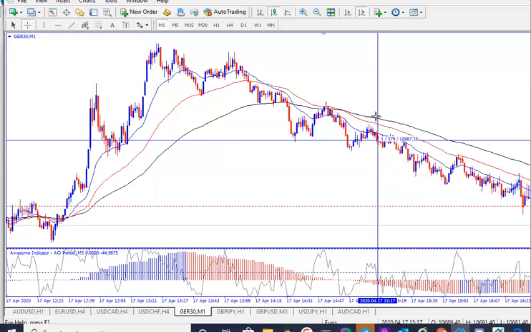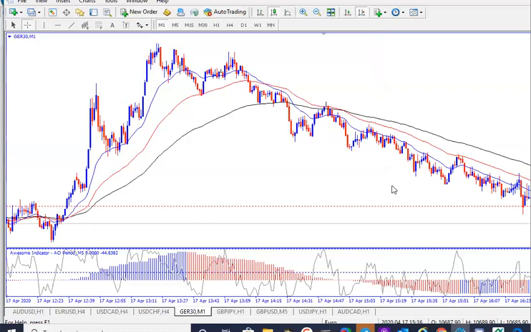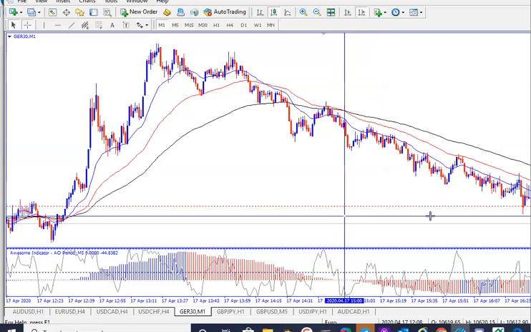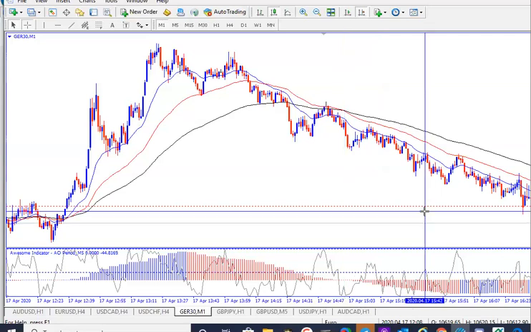You do a 20 pip or 20 point stop and 20 point take profit. Again, once that's been done, your next signal is here. It's red and it's still pointing down.